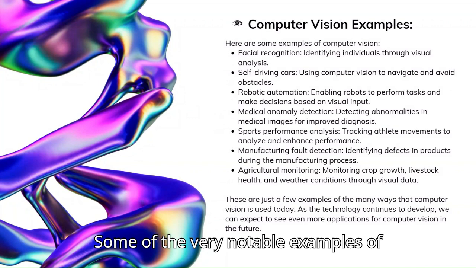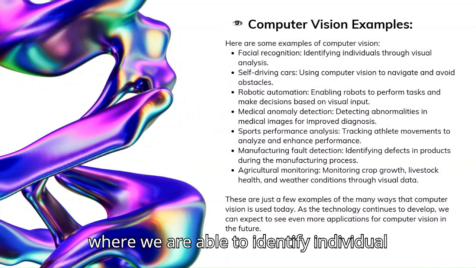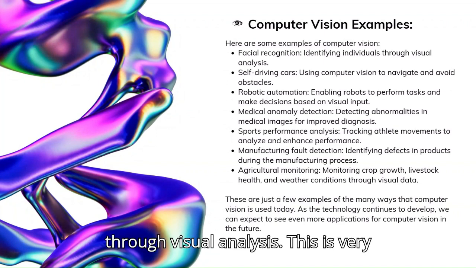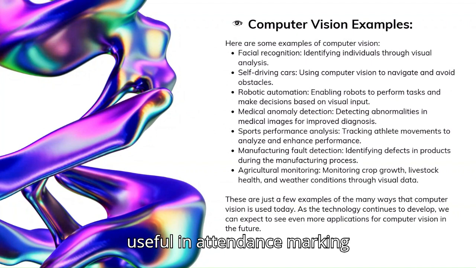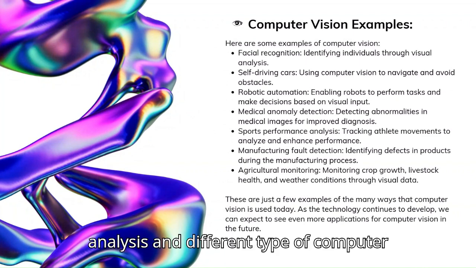Some of the very notable examples of computer vision are facial recognition, where we are able to identify individuals through visual analysis. This is very useful in attendance marking systems, emotion analysis, and different types of computer vision applications.